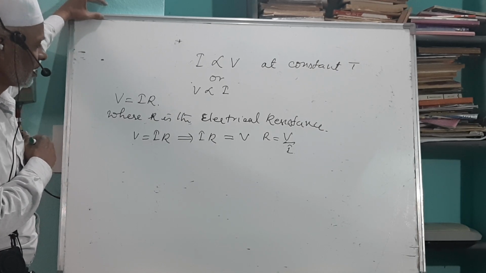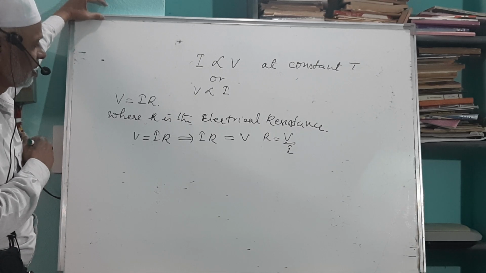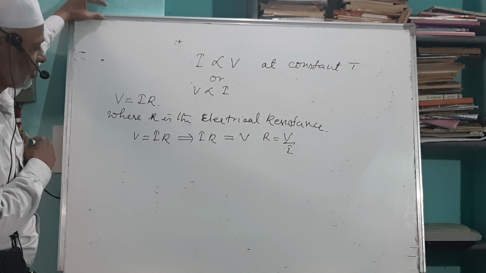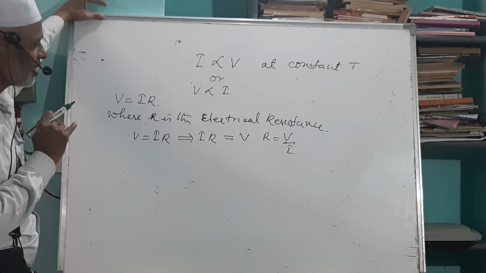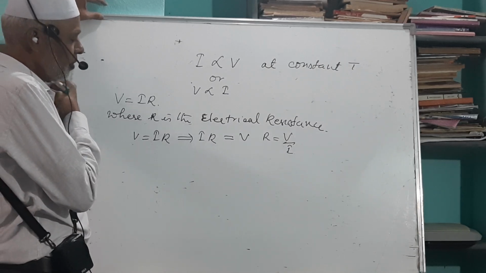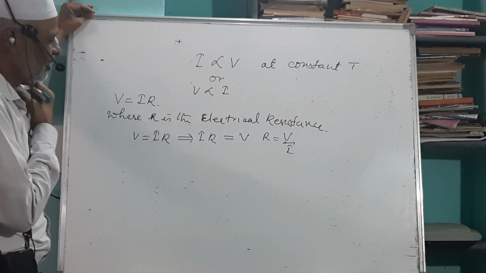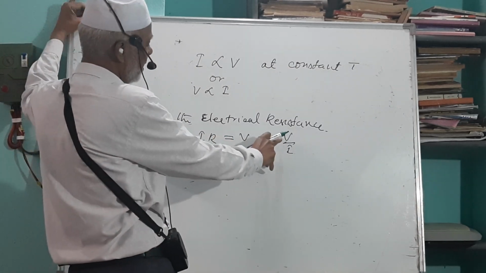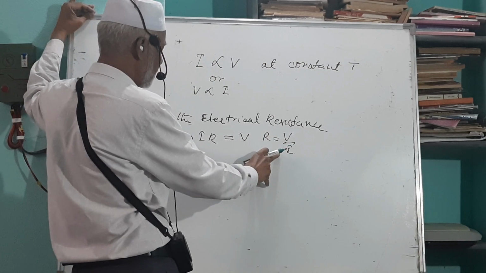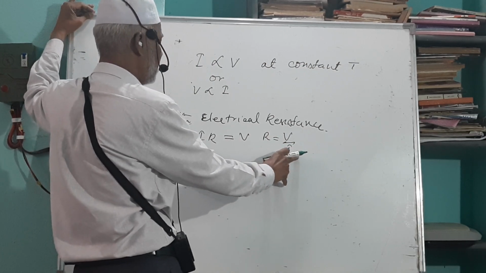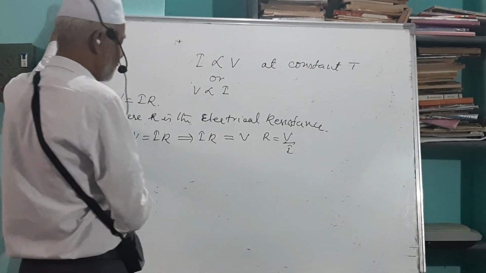The electrical resistance of the conductor is the ratio of potential difference across the ends of the conductor to the current passing through the conductor. So the definition of electrical resistance is nothing but the ratio of potential difference to the electric current passing through the conductor.